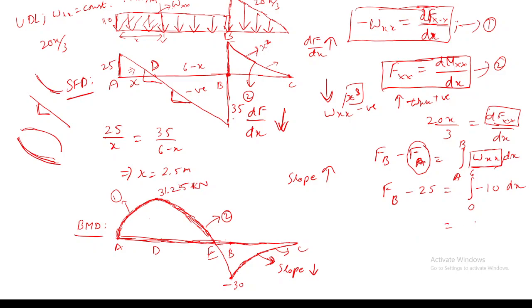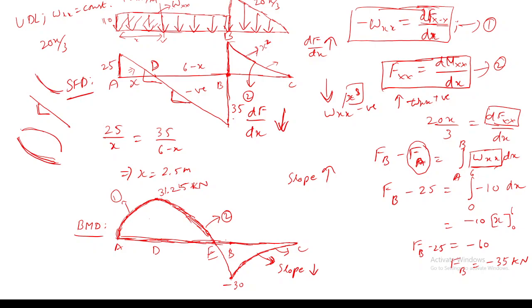The integration of this is minus 10 into x, applying the limits from 0 to 6, which will turn out to be minus 60. So Fb minus 25 equals minus 60. So Fb equals minus 35 kilonewtons.